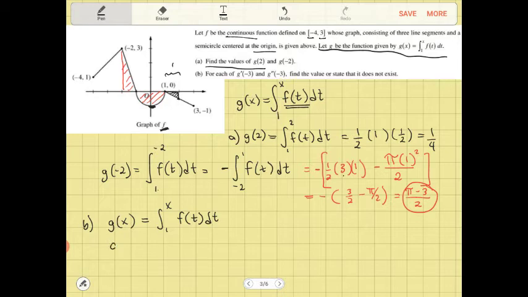And then let's write the derivative of g of x. And according to the fundamental theorem of calculus, the derivative of this function is just f of x. So then it's very easy to figure out what's g prime of -3 because all it is, it's f of -3. And f of -3, I can read it from the graph.